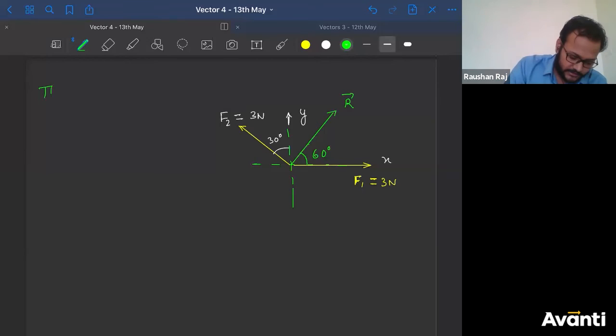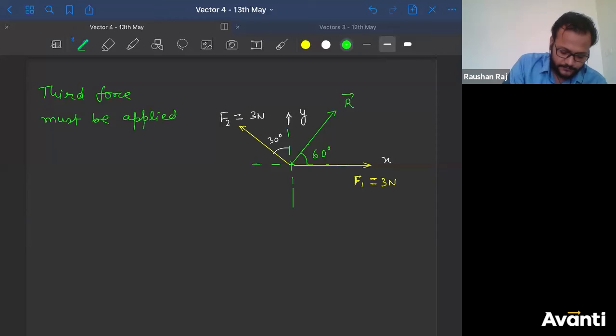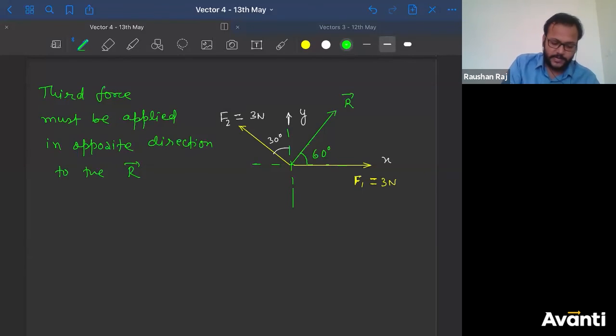So I can say that the third vector or third force must be applied in the opposite direction to the R vector, right? ठीक है, third force must be applied in the opposite direction to the R vector, right?